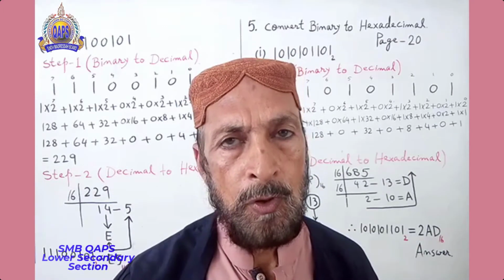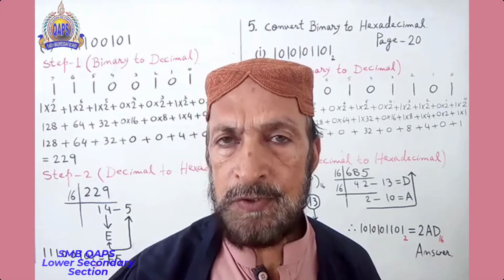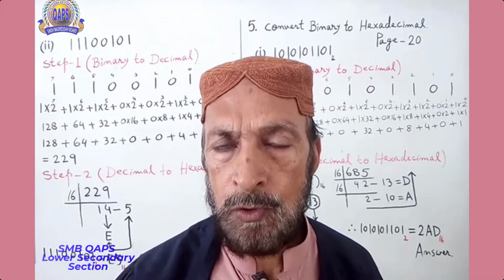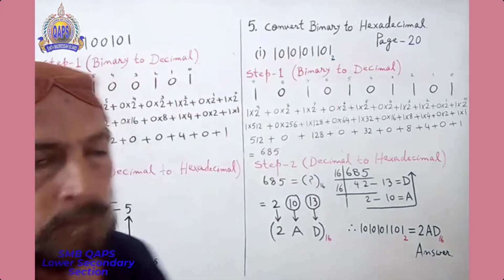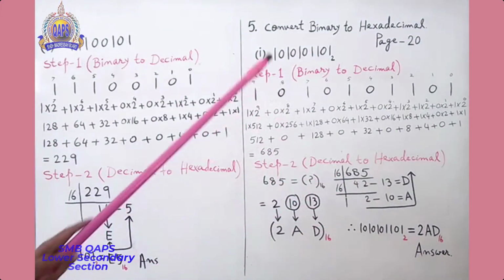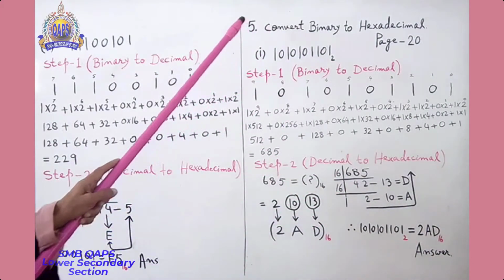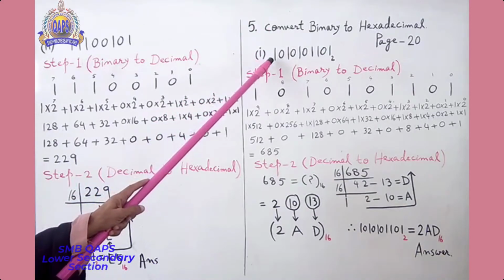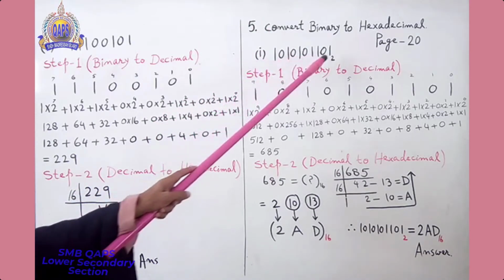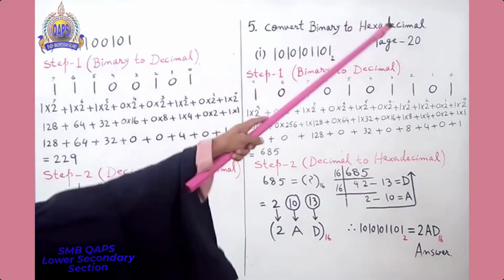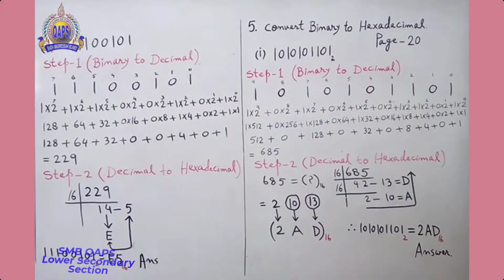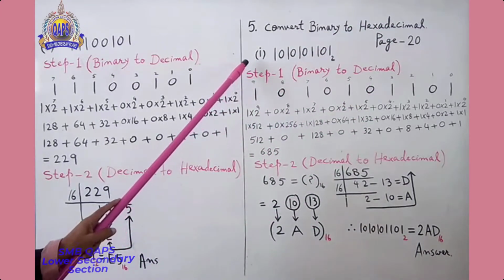So, follow my instructions and have a look at the board. Convert this binary number into hexadecimal. There are 2 steps.